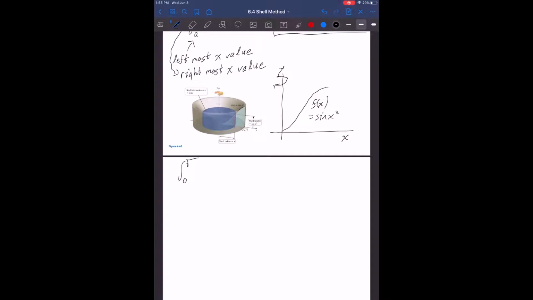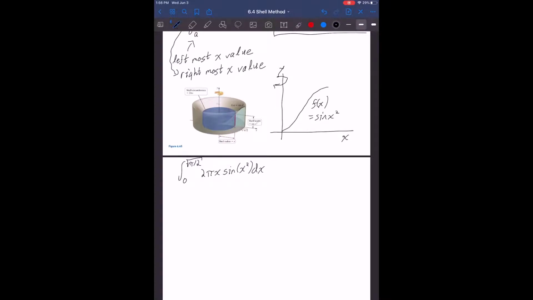So setting up the integral, we have 0 to the square root of pi over 2 of 2 pi x. That's just the part that always is going to come from that, right? That is going to be our circumference function of these cylinders, and this is going to be multiplied by sine of x squared dx.